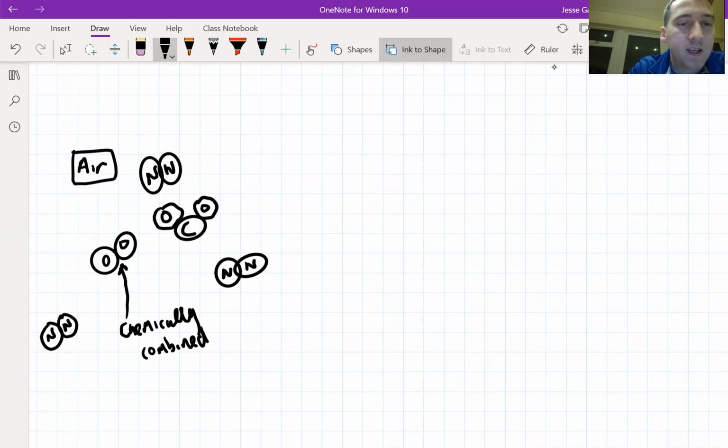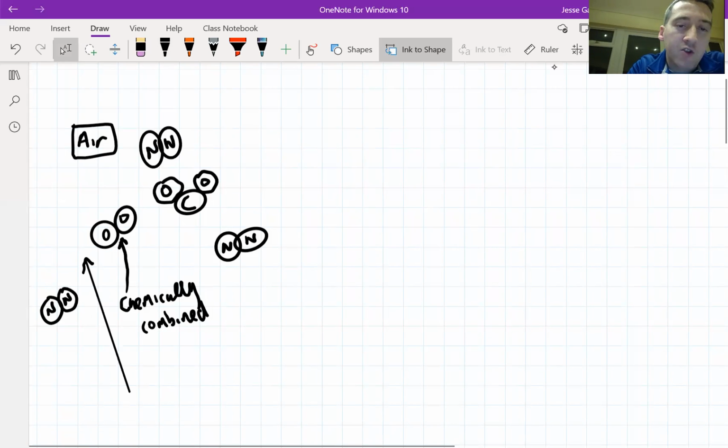Now, so this is air. It's a mixture of these gases. Where the atoms are shown touching each other, like I've drawn for the oxygen here, that means that those atoms are chemically combined. But the thing about it is that the different gases here, so for example, the nitrogen and the oxygen gas, I'm drawing an arrow into the space between the nitrogen and the oxygen gas.